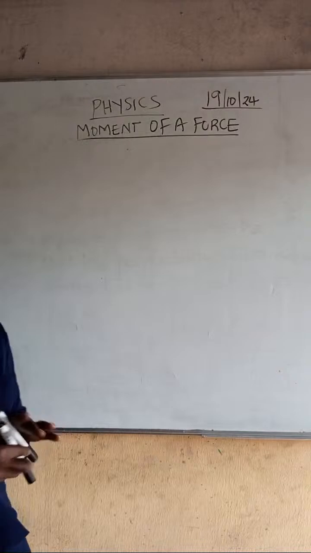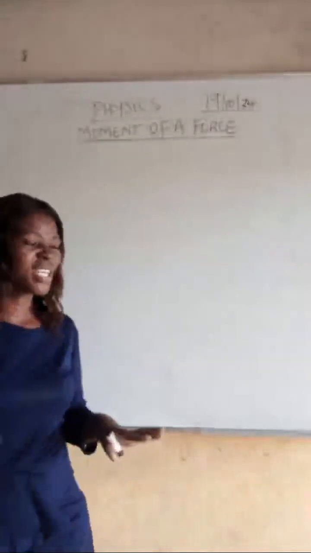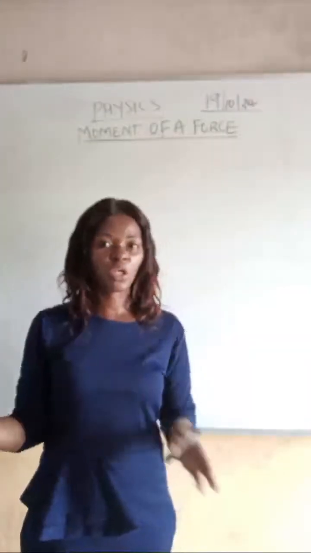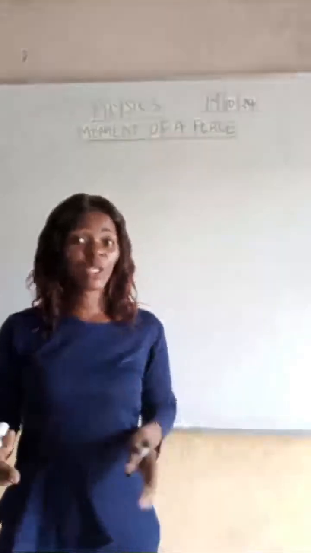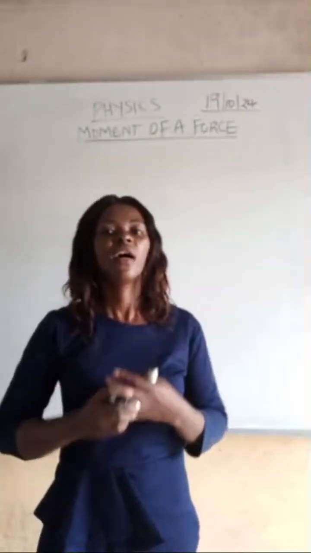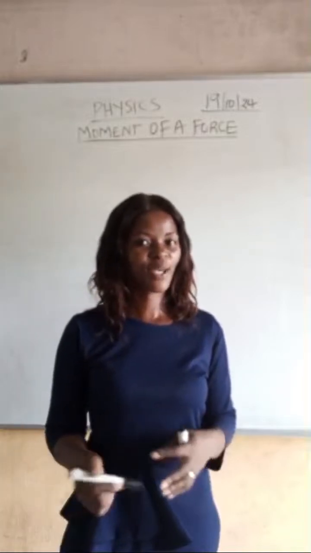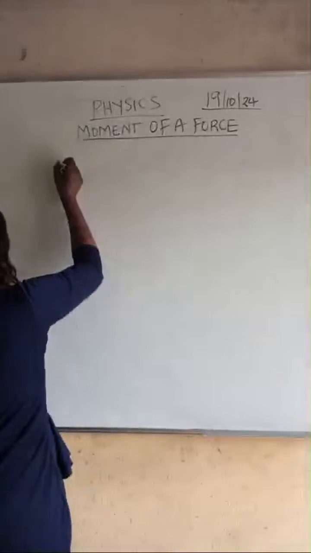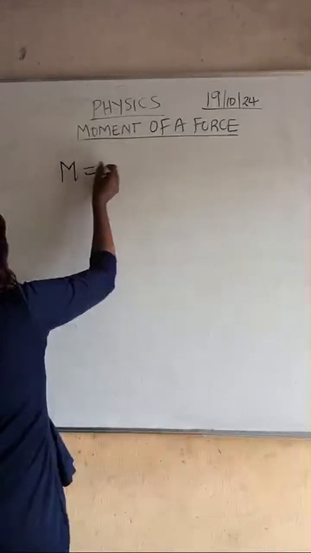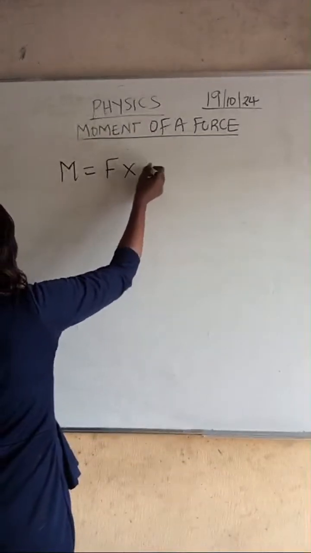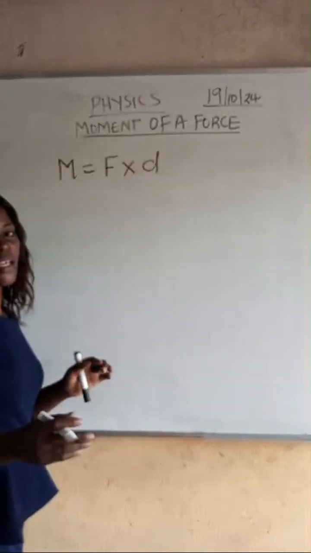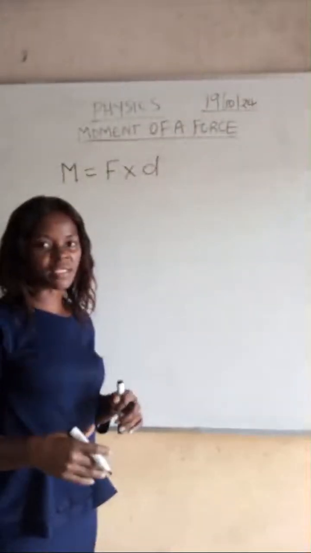Now, if we are looking at the moment of a force, there are things we should take into consideration. There are two factors that affect the moment of a force. One is the force, and the second one is the perpendicular distance. So if we say that the moment M is equal to force times distance, how do we get the units of moment?